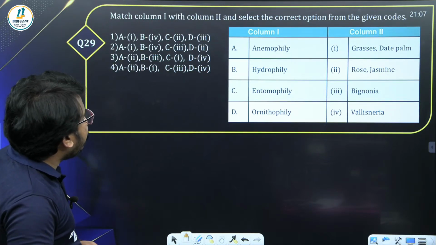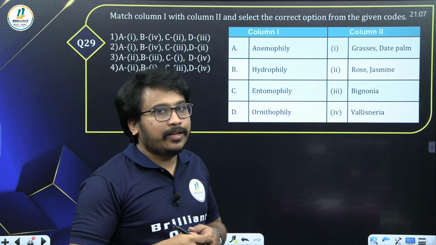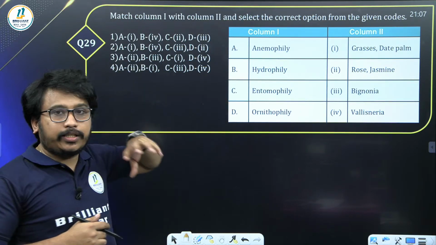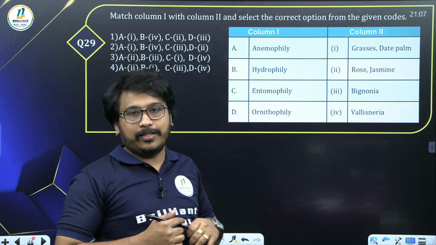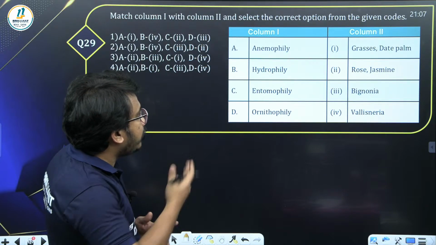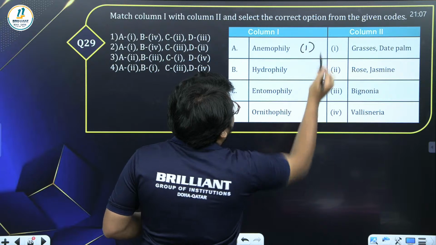Then regarding the pollination, so here the pollination by wind, that is called as anemophily. So majority of the abiotic pollination, if you observe, is by wind only, that is anemophily. In grasses and all, date palm and all, you can see anemophily is occurring.